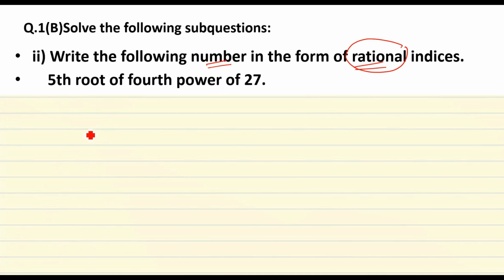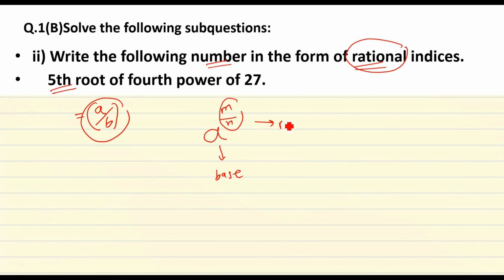So rational indices. Rational means a number in the form of numerator upon denominator. Now the question given here is the fifth root. Whenever a number is given, this is called the base. And when you write it in the form of power, a raised to m by n is entirely called a power. So a is the base, m by n is the power, where m indicates its power and n indicates its root.